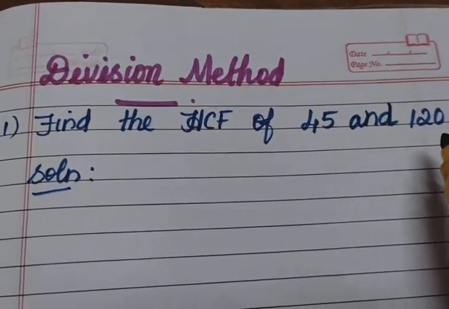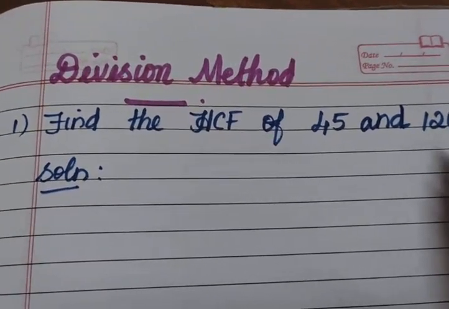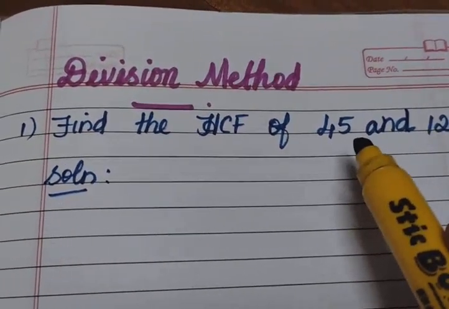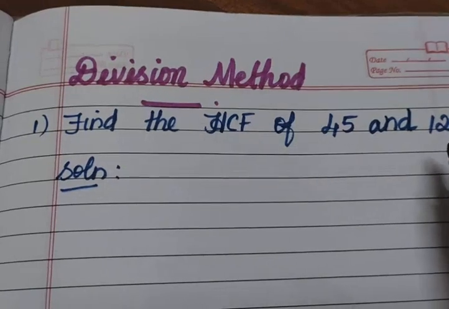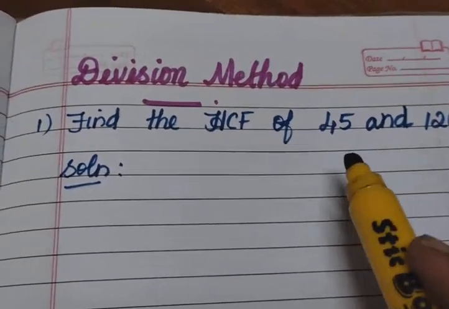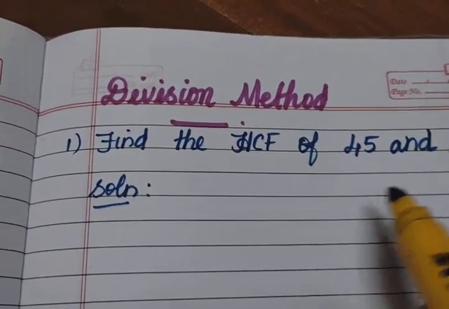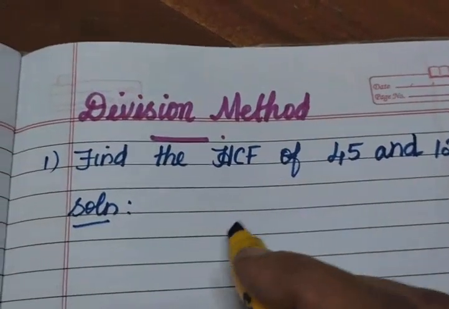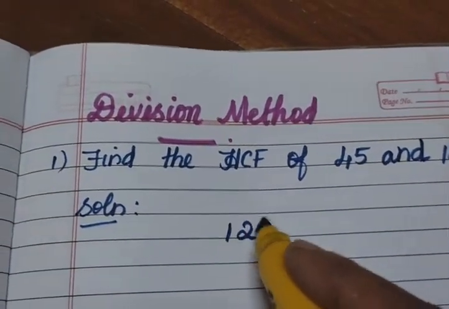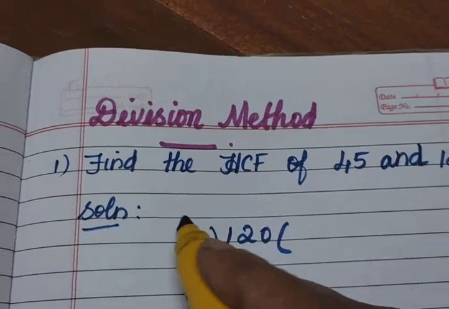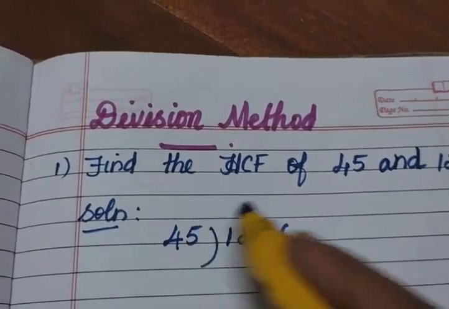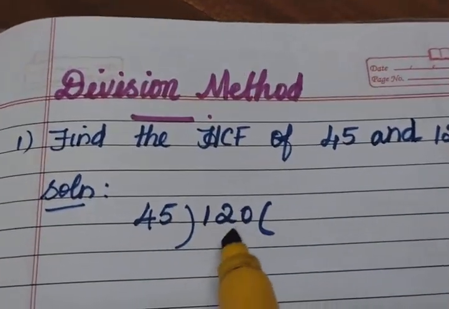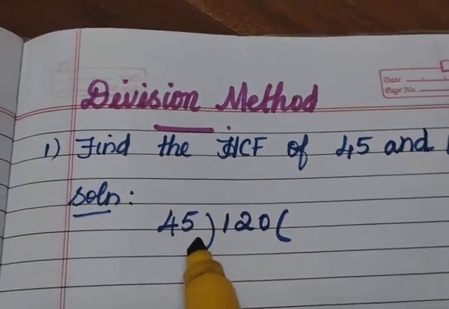Which one is the larger number? 120, isn't it? 45 is the smaller number. So divide the larger number 120 by 45. Inside the division bracket 120, outside the bracket 45. We are going to divide 120 by 45.